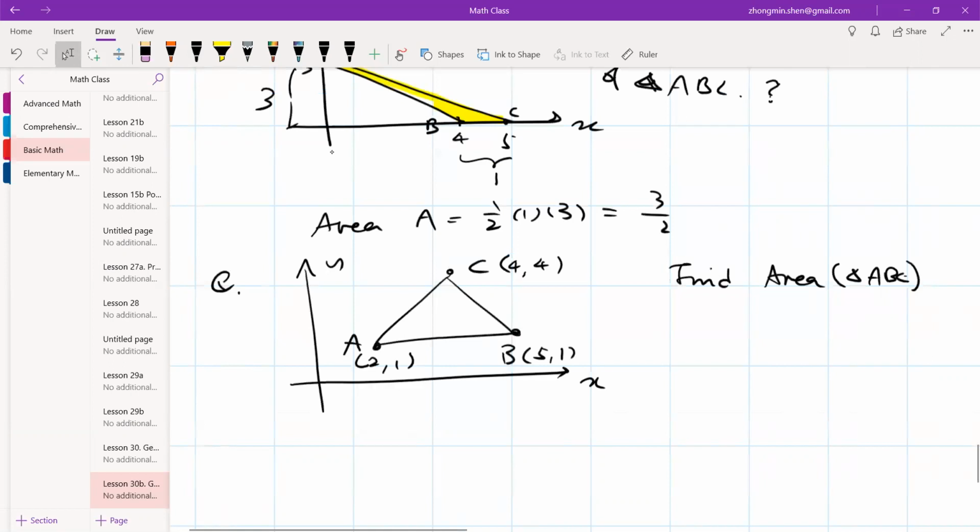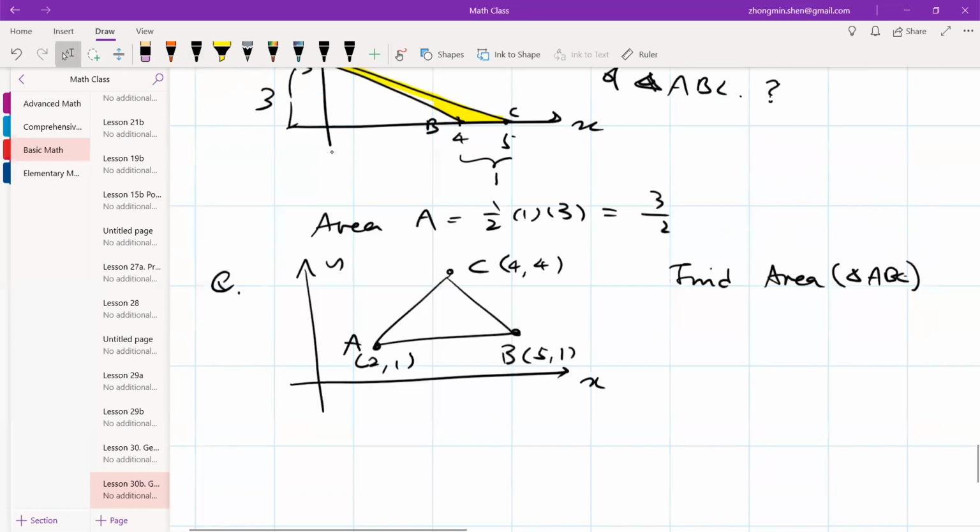Hmm, 6. 4.5. Why is the answer different from others? You say 6. How did you get that?